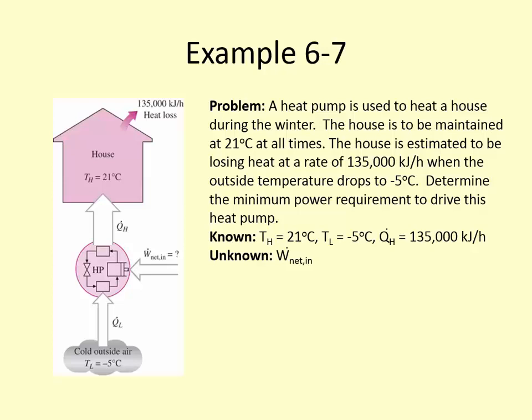So we know T_H and T_L. T_H is the temperature of the house, and T_L is the temperature of the cold outside air. And then we're told that the house is losing heat at a rate of 135,000 kilojoules per hour. So that's how much heat our heat pump needs to add to the house in order to maintain the temperature at 21 Celsius. So as we look at this problem, those are the parameters.